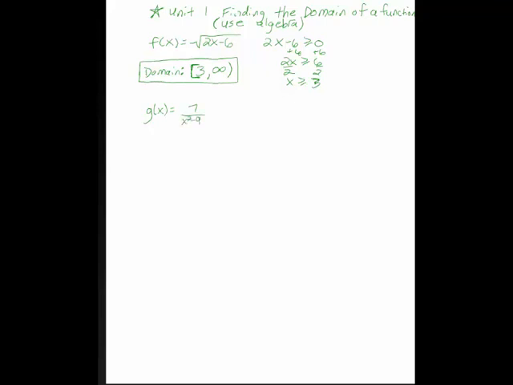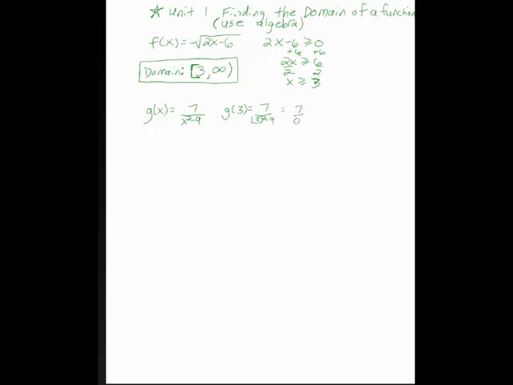In this case, I've got a rational function, and I can plug values in for x here, but the key to this one is that I'm not allowed to plug in a 3 here. Let's see what happens if I plug in 3. I did g of 3. I would get 7 over 3 squared minus 9.